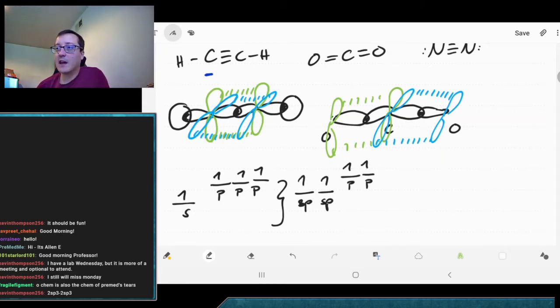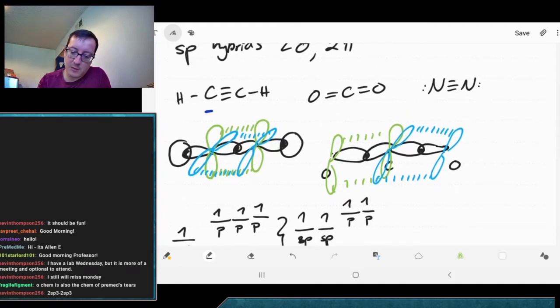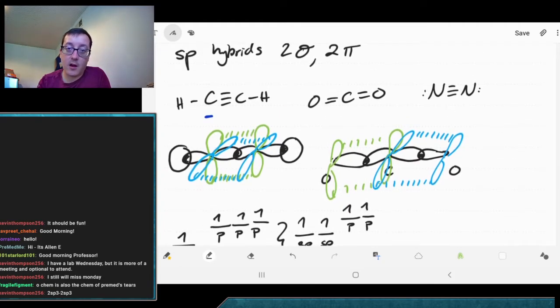And so we're going to have 2 sigma bonds and 2 pi bonds as a result of this. And how exciting, we're going to end up having our sp carbon after that. All right, so anytime you see 2 double bonds on a particular atom, either that's a triple bond or 2 separate double bonds, that's going to indicate sp hybridization.